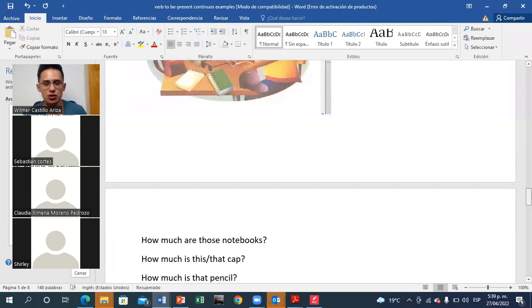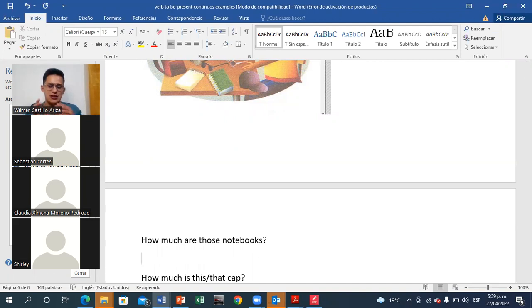Así como en español tenemos unos para ir a comprar, dirán, bueno, ¿cuánto vale tal cosa? Otros dirán, ¿cuál es el precio de tal cosa? Otros dirán, ¿qué cuesta tal cosa? En inglés también hay formas de preguntar.